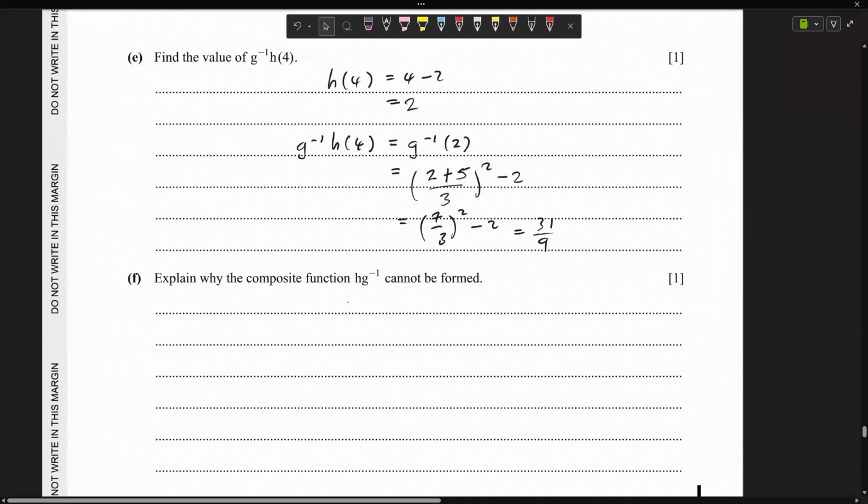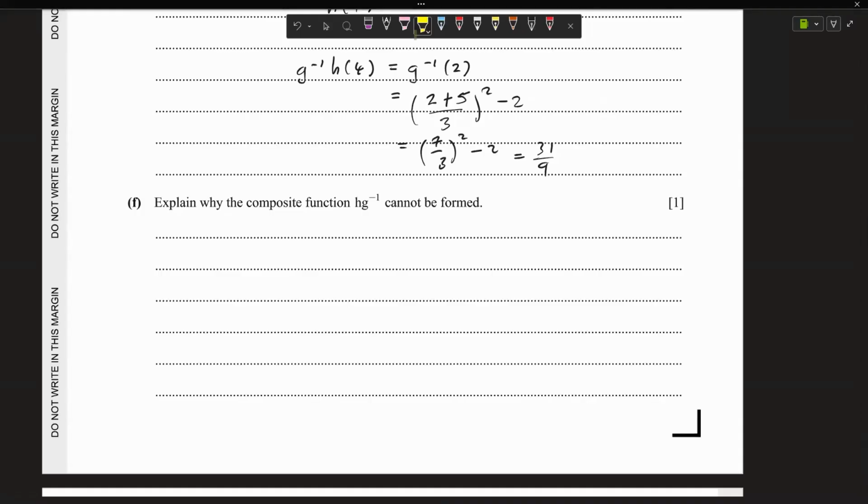And we go to the last part, and that's F. They say here, explain why the composite function h of g inverse cannot be formed.